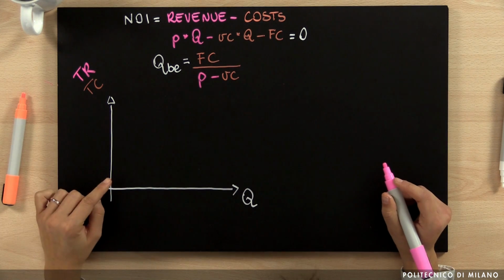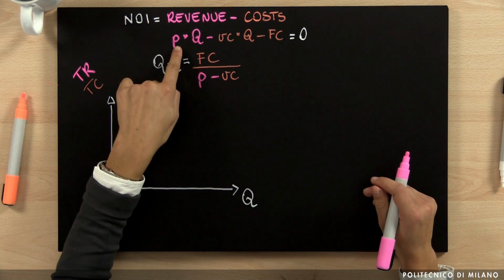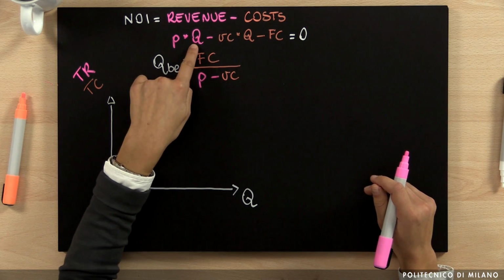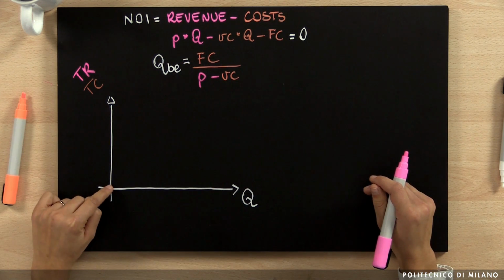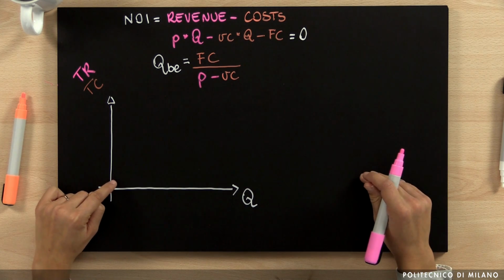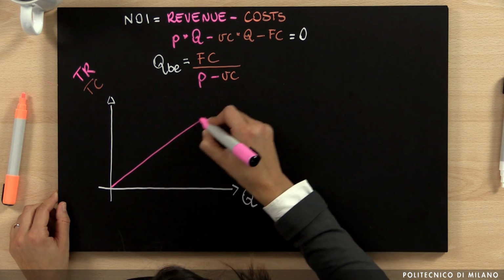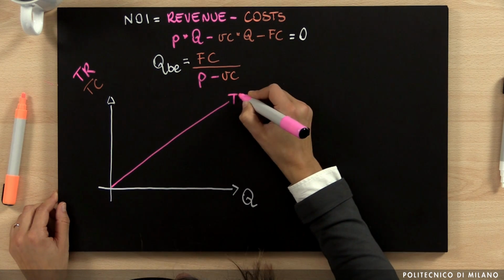Let's start by plotting the total revenue. The total revenue is given by the price multiplied by the quantity. So if the quantity equals 0, the total revenue will be 0. So the starting point will be this one. The more we are selling, the higher the total revenue. So the shape of the total revenue will be the following.